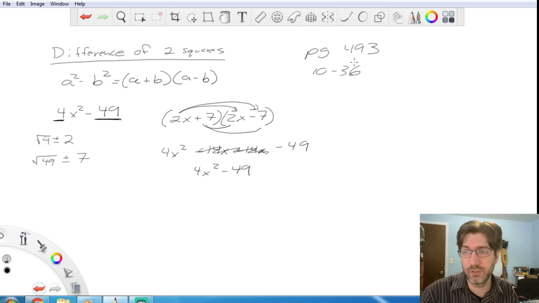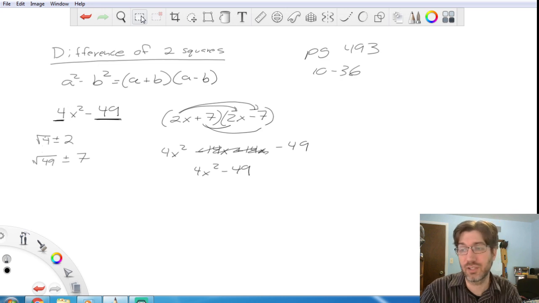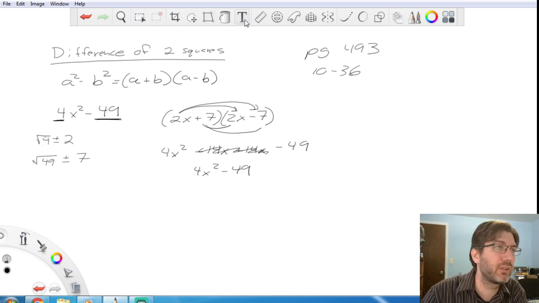If anybody wants me to do any problems, I can stay on and help you out there, but difference of two squares here is not difficult. This is the end of the chapter. I'm sorry, we have factoring by grouping tomorrow, and then it's the end of the chapter. So be prepared to have a test.